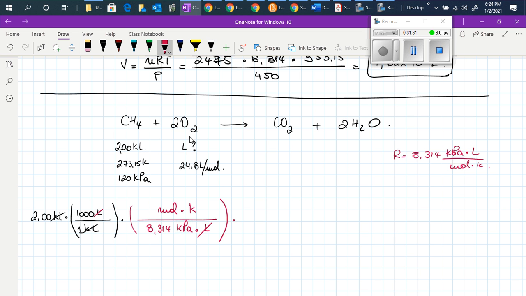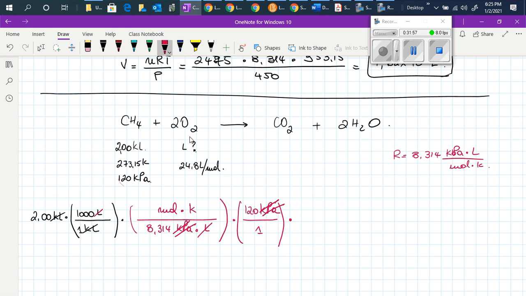And then, since we are dealing with non-standard conditions, we have kilopascal to cancel out. So we will use the kilopascal in the top, so 120 kilopascal. So kilopascal and kilopascal is canceled out. You are ending up here with moles times temperature.